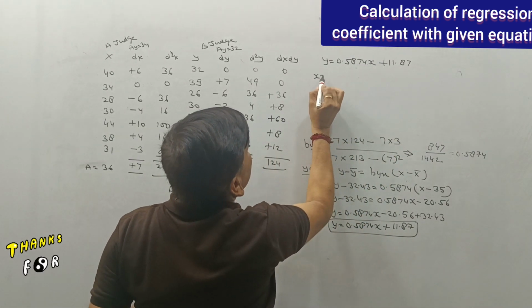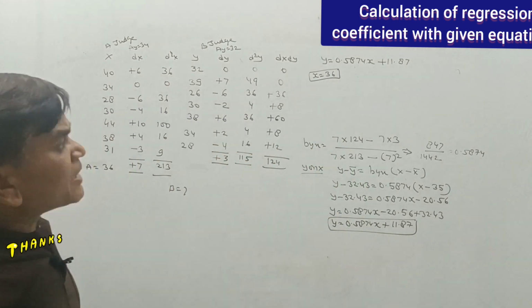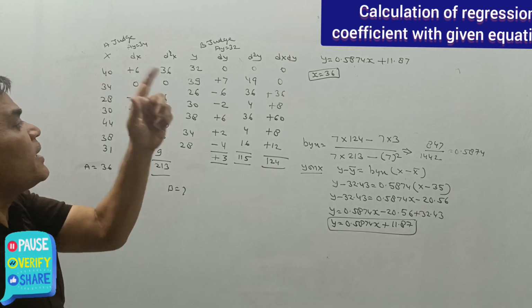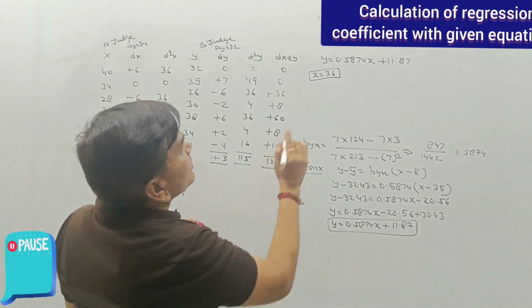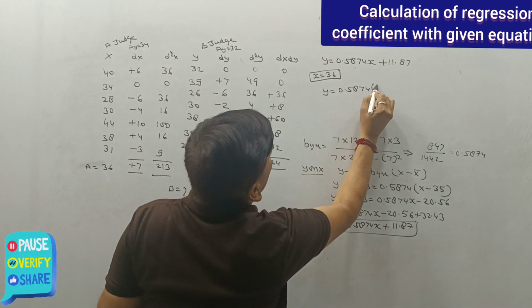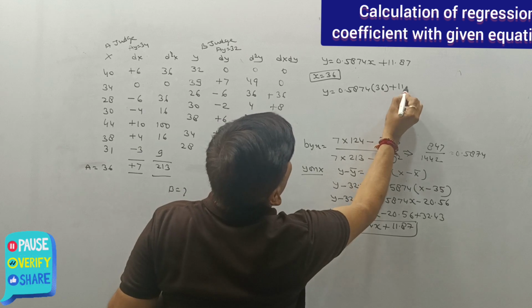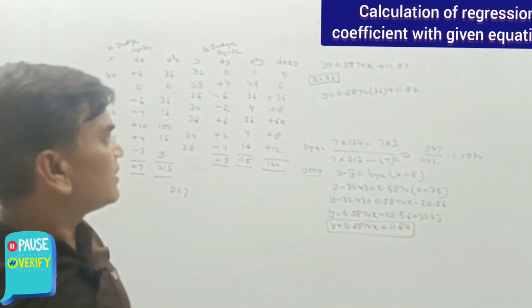Okay, x is given 36, it means the first judge has given the marks 36. So what the second judge will give to him, we are to calculate only this. So y is equal to 0.5874 multiplied by 36 plus 11.87. Just we have to calculate this.